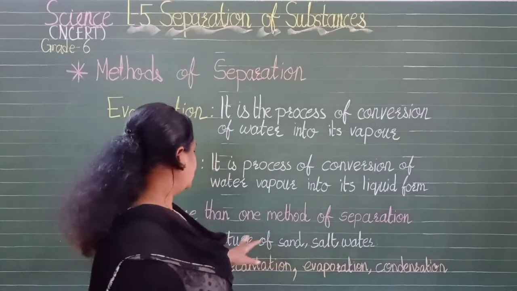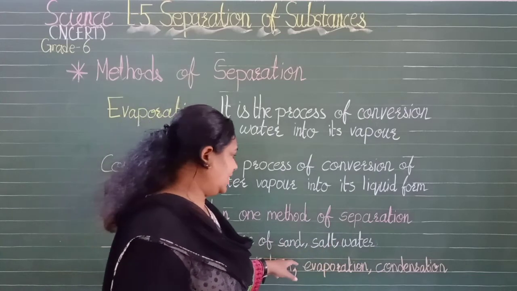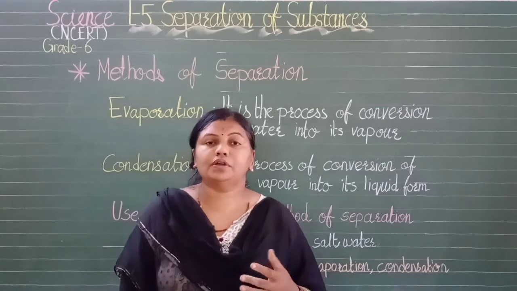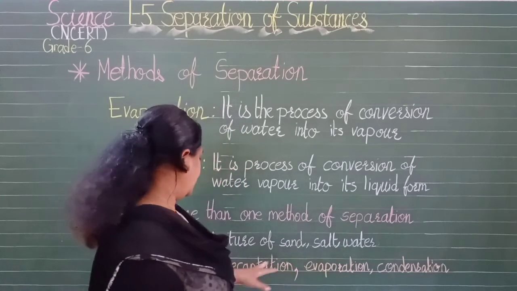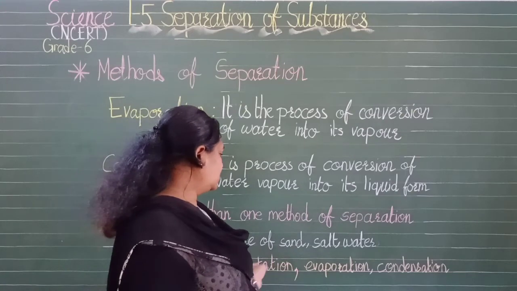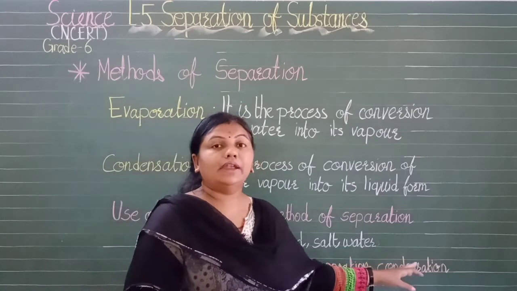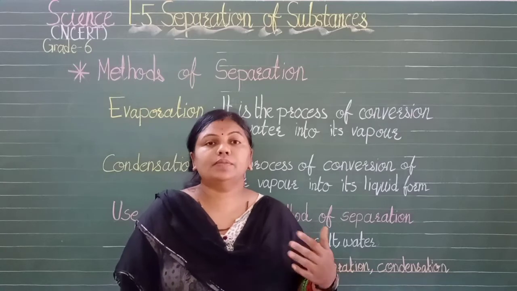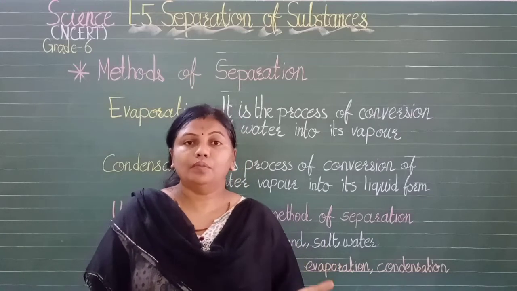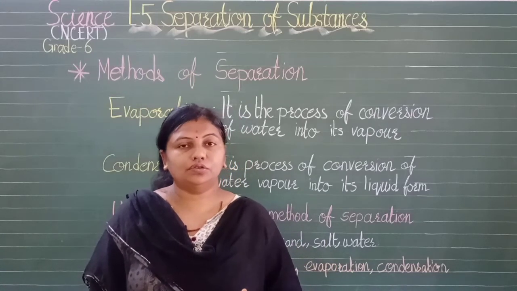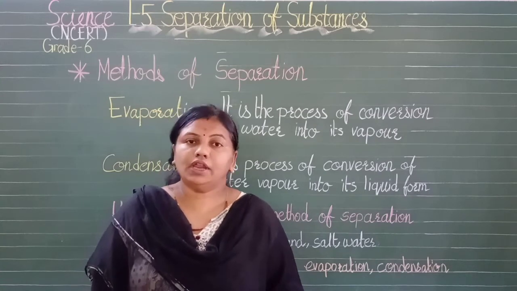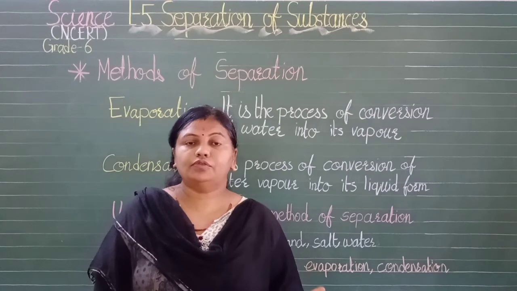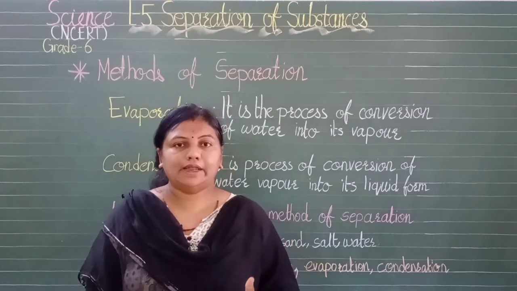So to separate the mixture of sand, salt and water, one process is not sufficient. We require three processes: decantation, evaporation and condensation. So sometimes, to separate any kind of mixture, we have to use more than one technique.